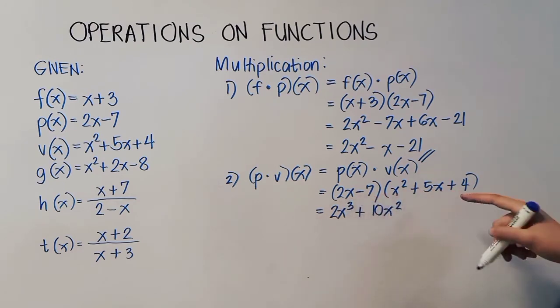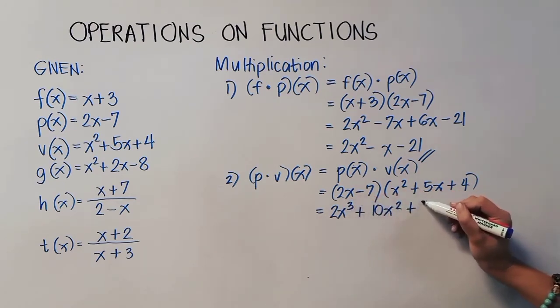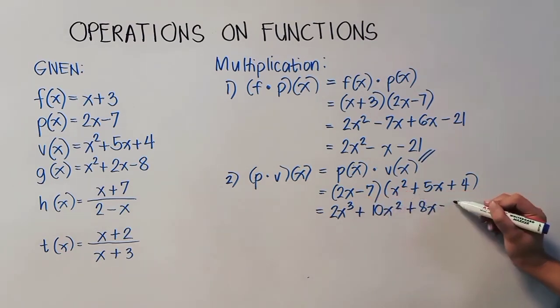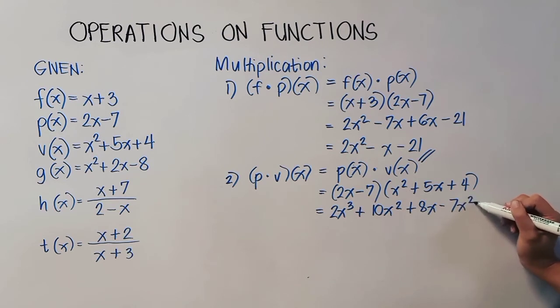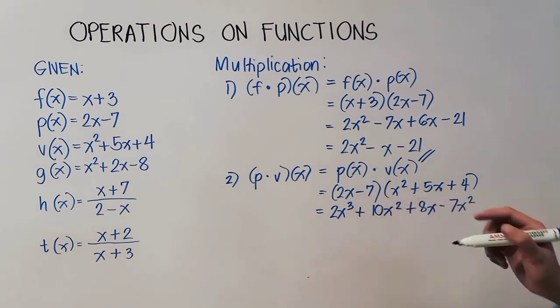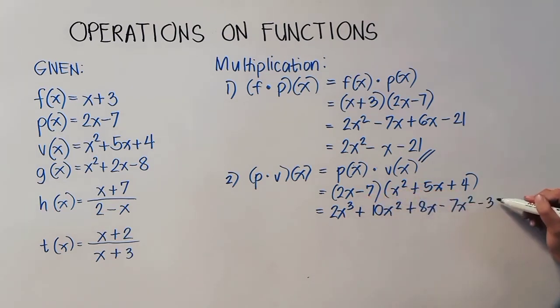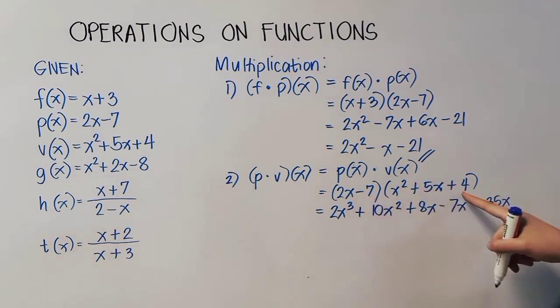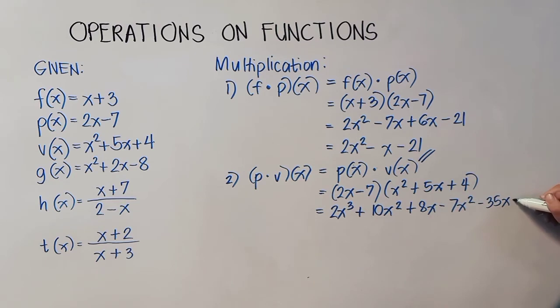And then we have 2x times 4, that's positive 8x. Now we will distribute negative 7 this time to all terms. So that's negative 7x squared. Negative 7 times 5x, that's negative 35x. Negative 7 times 4, that is negative 28.